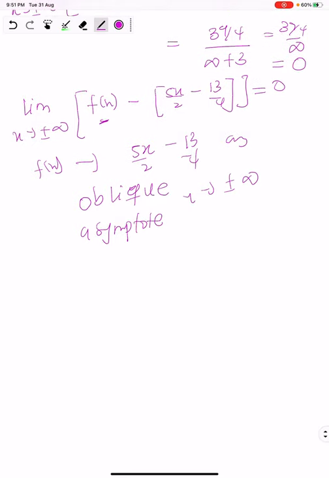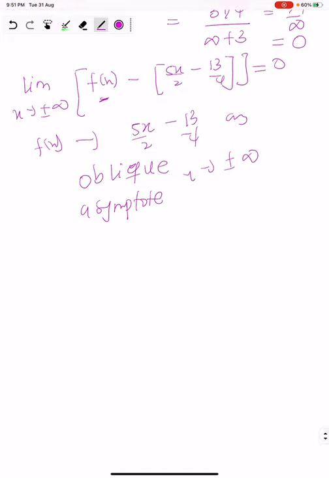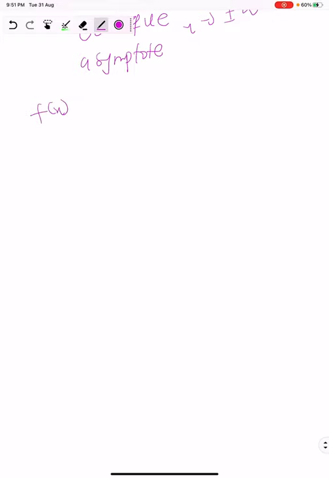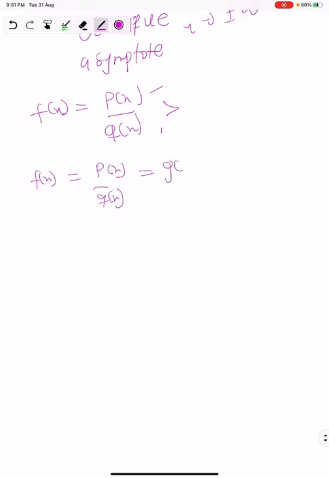So, if the degree of the numerator is more than the degree of the denominator, if you are given f of x equal to p of x divided by q of x, then f of x is equal to some function g of x plus r of x, which is the remainder, divided by the divisor, which is still q of x.